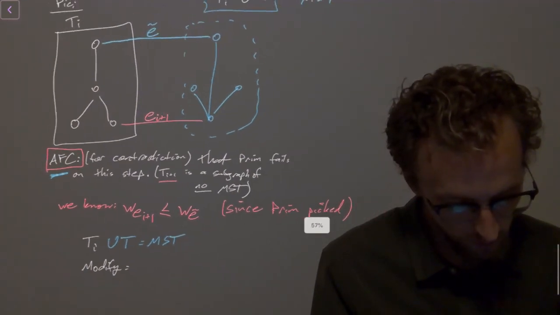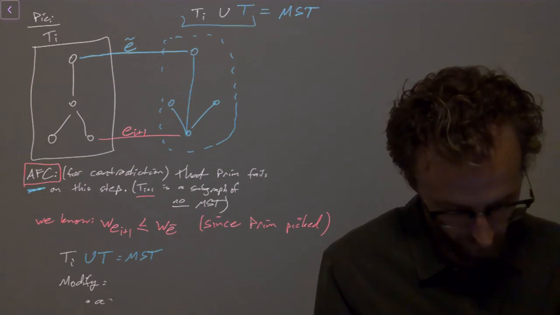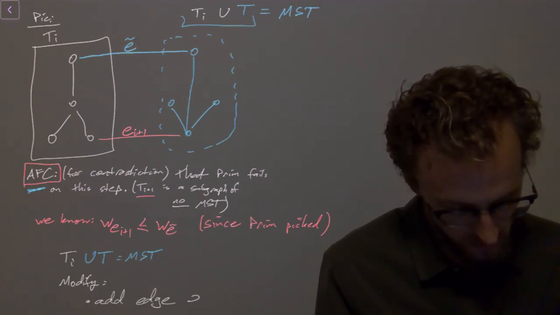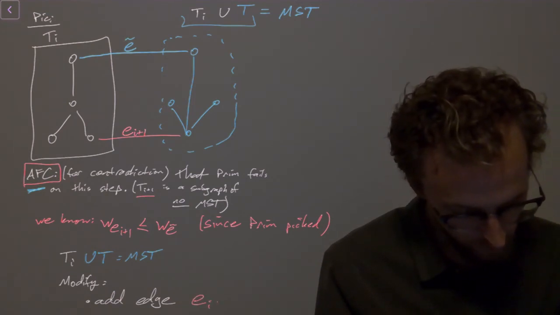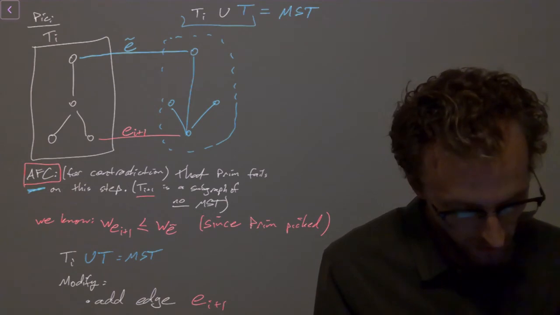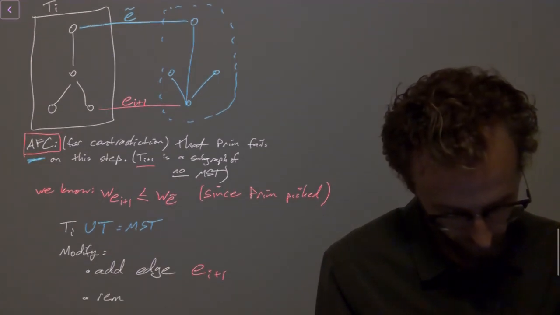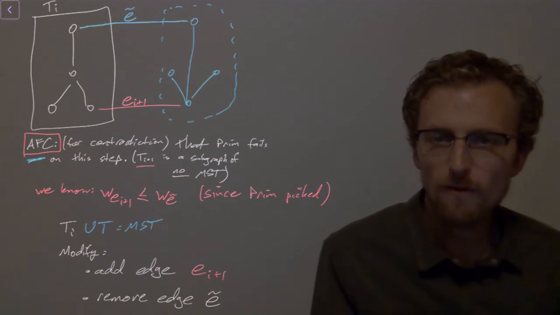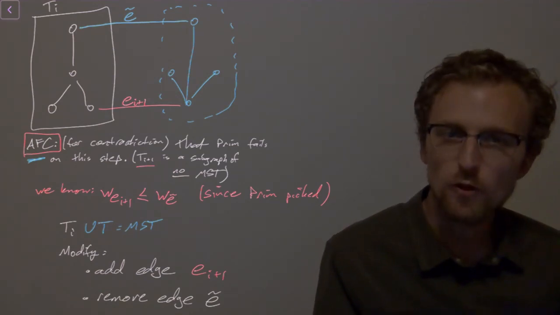First, I want to add edge E, and I'll color code that one as well: add edge E I plus 1. And I want to remove edge E wiggle. So if I add E I plus 1 and remove E wiggle, what does this do?